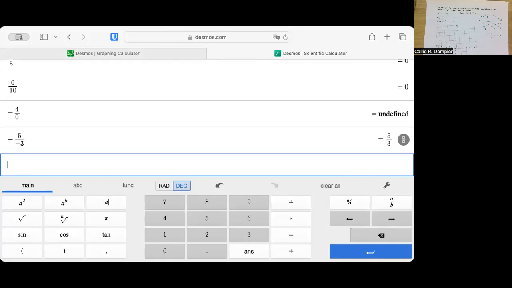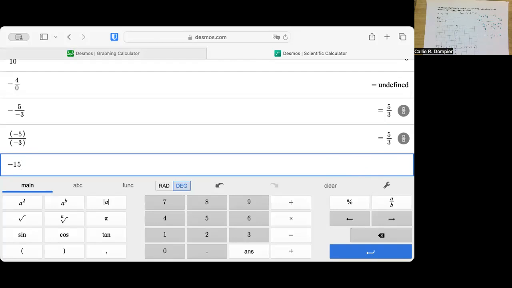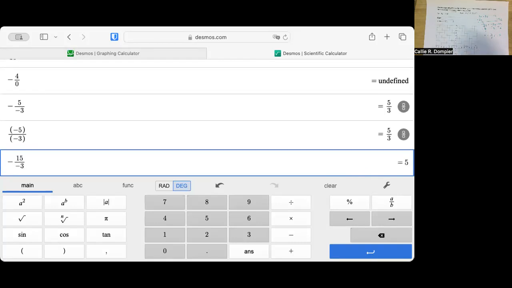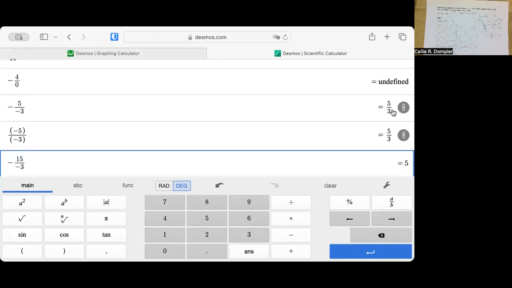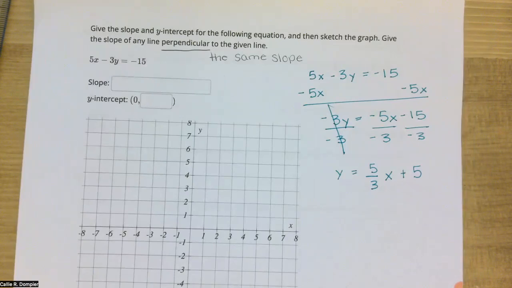Doesn't matter if you write it like that or the other way, it's still a positive, right? And then negative 15 divided by negative 3 will also give you the simplest form of that answer, which is a whole number of positive 5. All right, so remember to use Desmos when you need it.